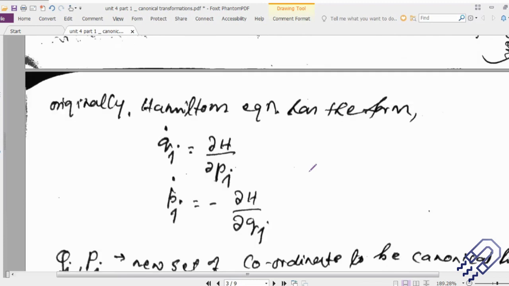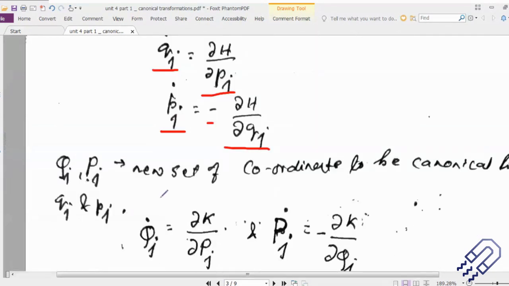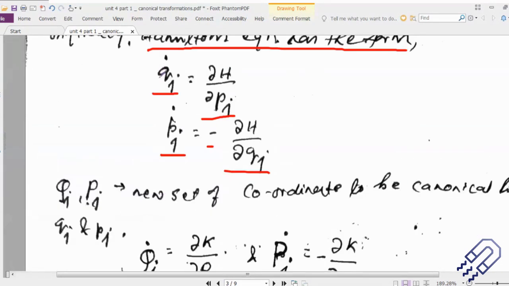Let's look into the Hamiltonian equation now. What happens to Hamilton's equation of motion? Originally Hamilton's equation has this form: qj dot is equal to ∂H/∂pj, and pj dot is equal to minus ∂H/∂qj. We said that we have transferred to a new set of coordinates, so we'll just replace small qj and pj by capital Qj and capital Pj.